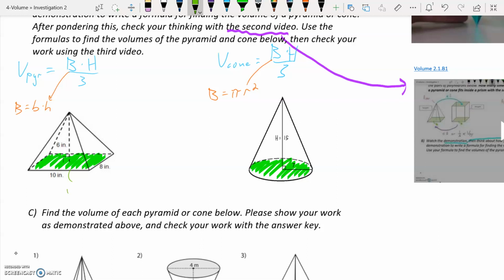So for this one, base is going to be 10 times 8, which is 80. And for your cone, area of the base is pi times the radius squared.